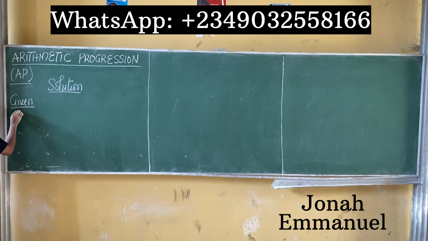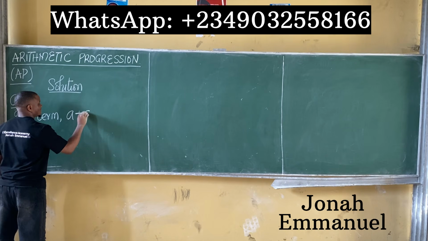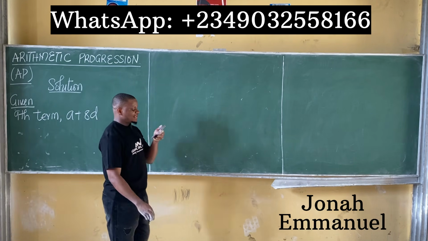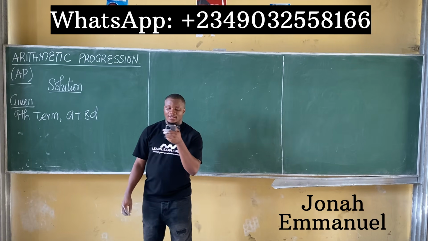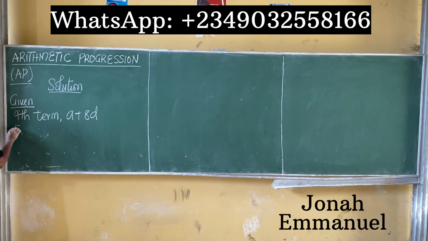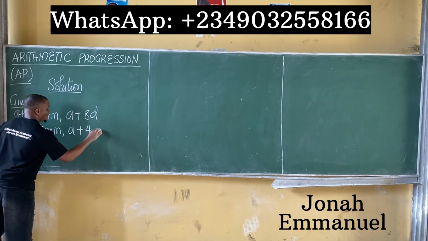We know that the ninth term is A plus 8D. They said it is 3 times the fifth term. What's the nth term for a fifth term? We know that the fifth term is A plus 4D.